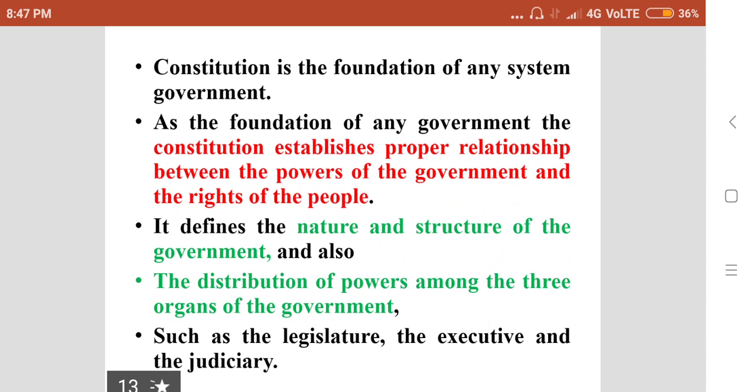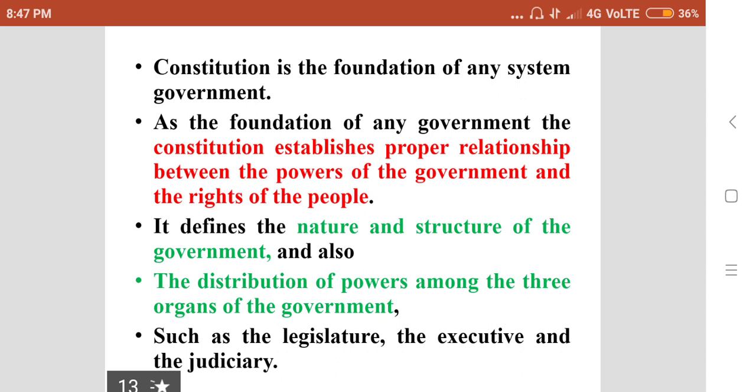Constitution is the foundation of any system of government. As the foundation of any system of government, the Constitution establishes a proper relationship between the powers of the government and the rights of the people.